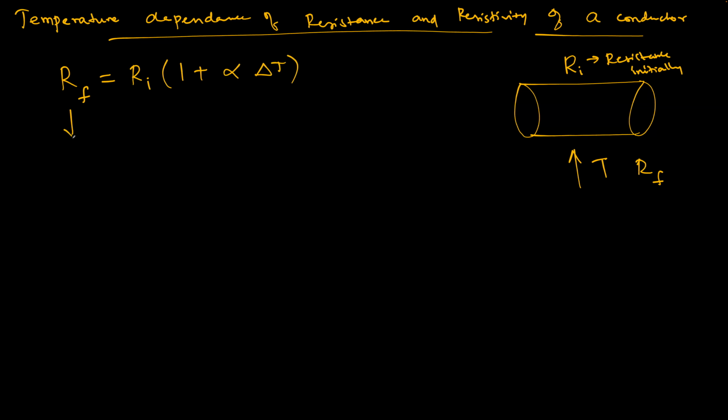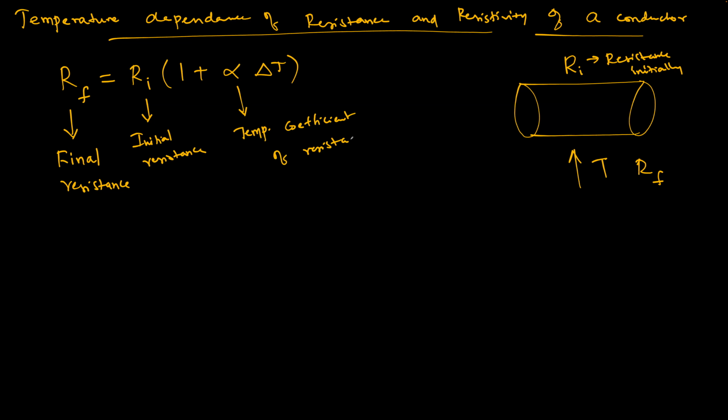Where this R final is called the final resistance, R initial is called the initial resistance, alpha is called the temperature coefficient of resistance. And delta T is obviously called the change in temperature.